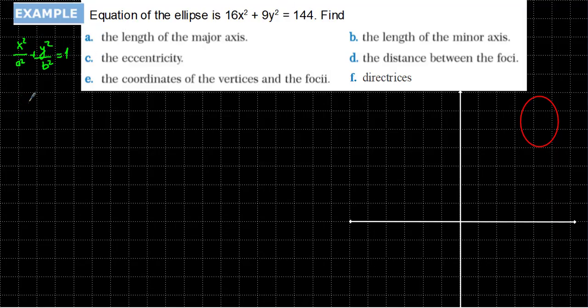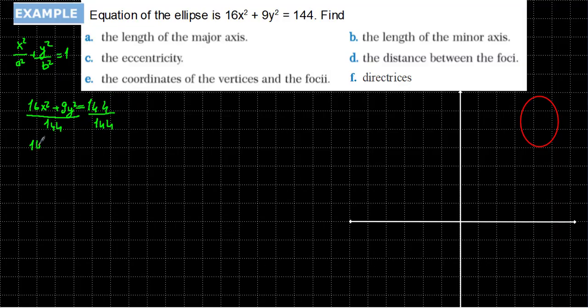So I'm going to write 16x squared plus 9y squared equal to 144. If I want 1 on this side, I'm going to divide both sides by 144. In equations it is possible if you are not dividing by 0.